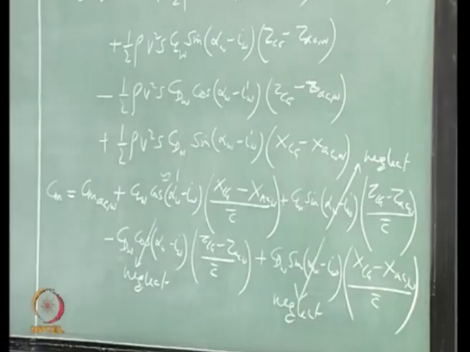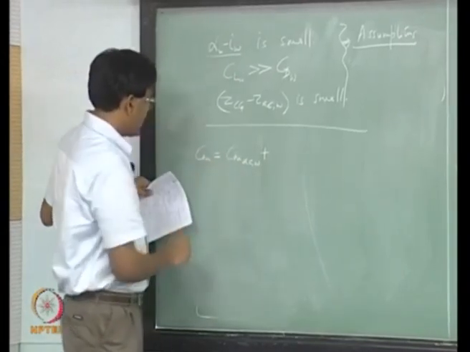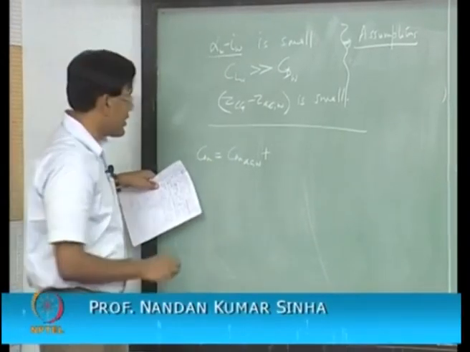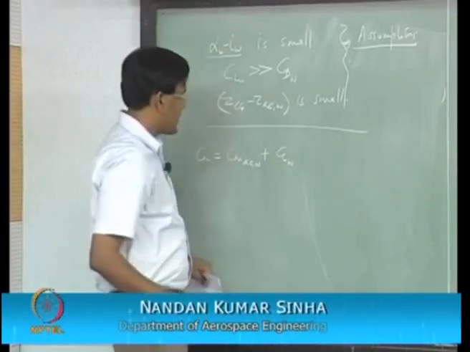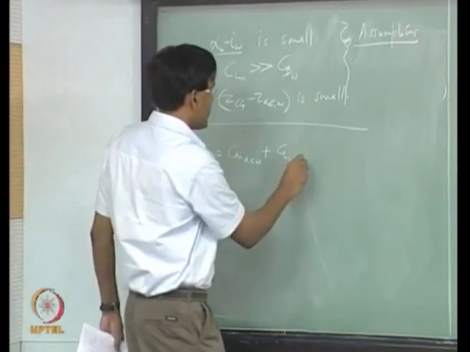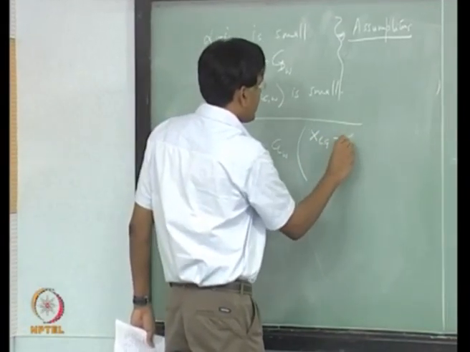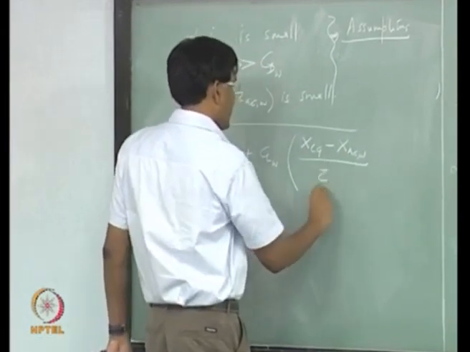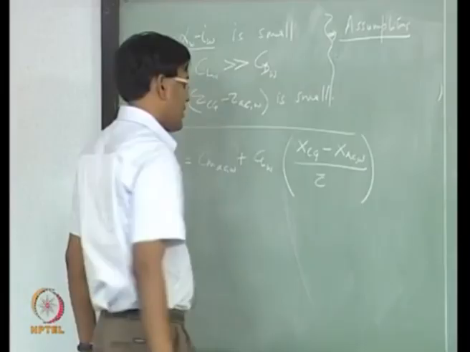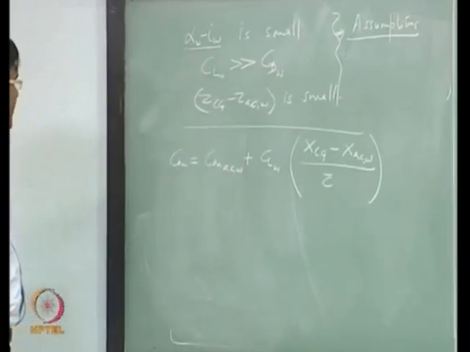So, what we get is Cm, now after using these assumptions, Cm equal to Cm ACW plus CLW into XCG minus XACW over C bar.